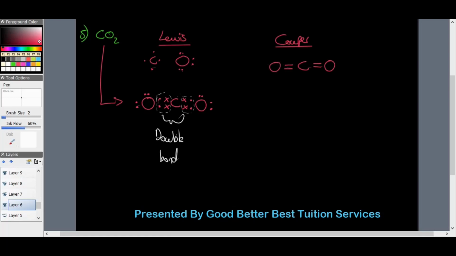The double bond. So this would be one arm of the Cooper, that'll be one arm of the Cooper, meaning one bond, one bond, one bond, one bond, of CO2. So that's the double bond, meaning that each oxygen shares 2 with the carbon. So there are 2 bonding pairs between carbon and oxygen in carbon dioxide.